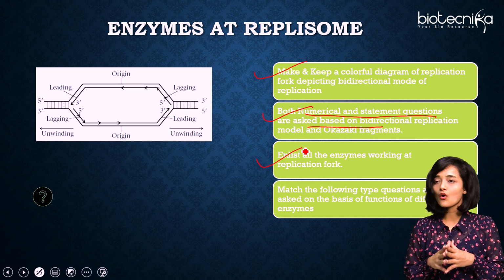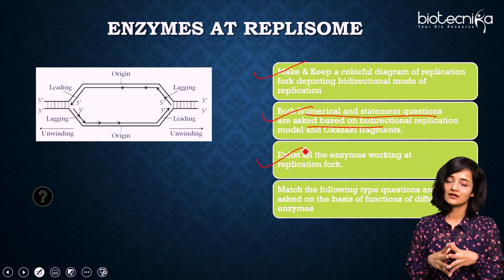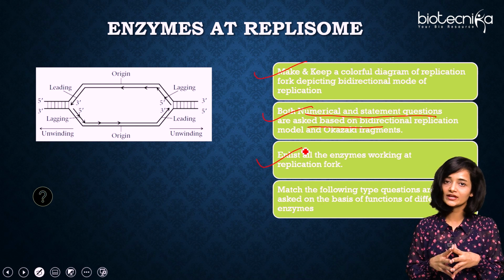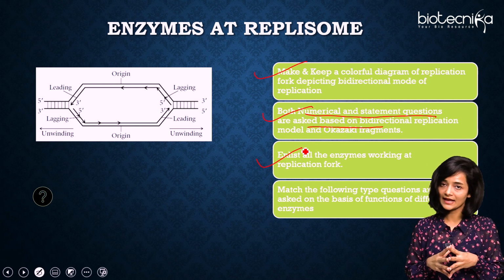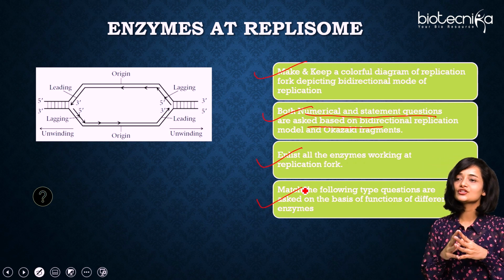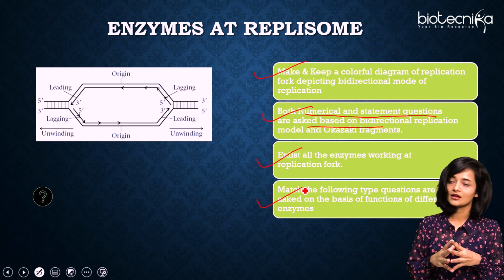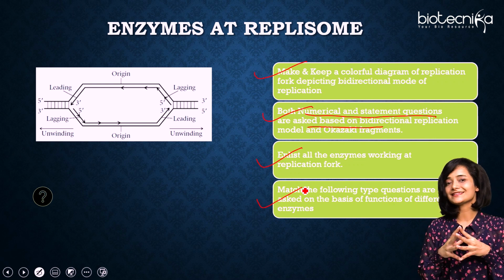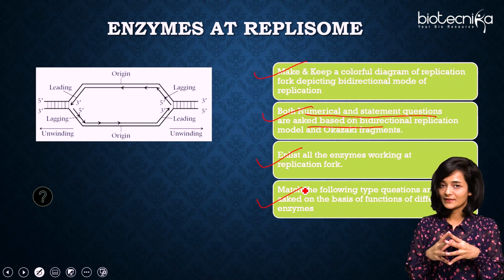You need to enlist all the enzymes working in the replication fork during the replication mechanism. Majorly, match the following questions are asked on the basis of the functions of different enzymes during replication.